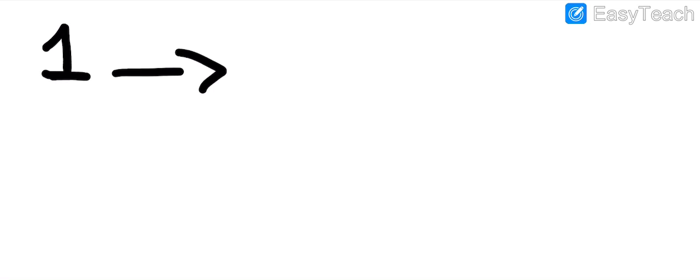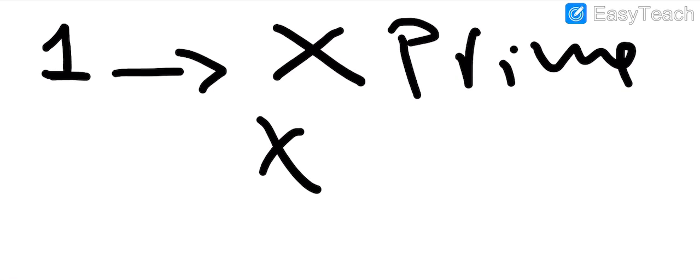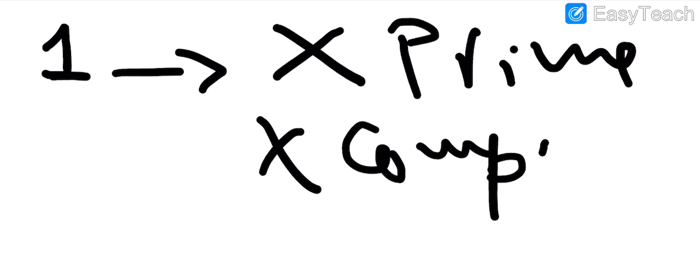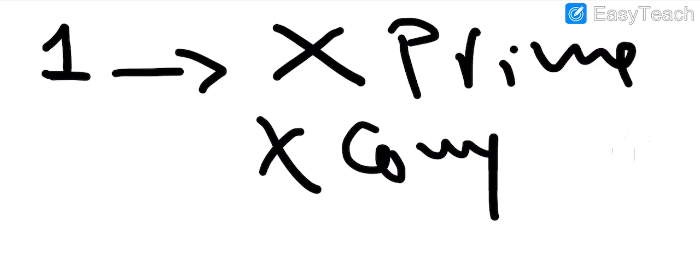Let me just add one thing here, since it wasn't very clear in the last one, that 1 is a number which cannot be added in prime nor can be added in composite. Why? You need to remember that 1 is a factor of all the numbers, right? It comes in every table. So we don't consider it prime nor we consider it a composite number.